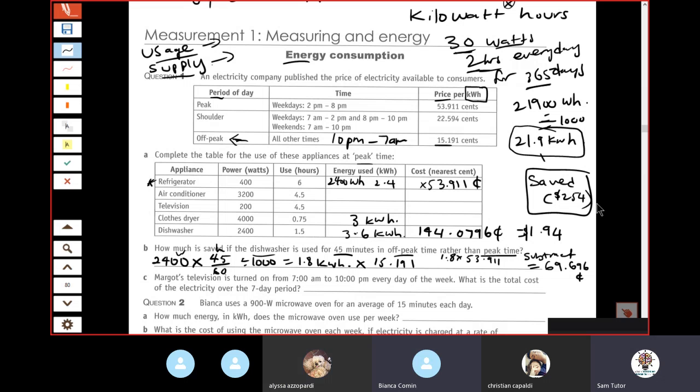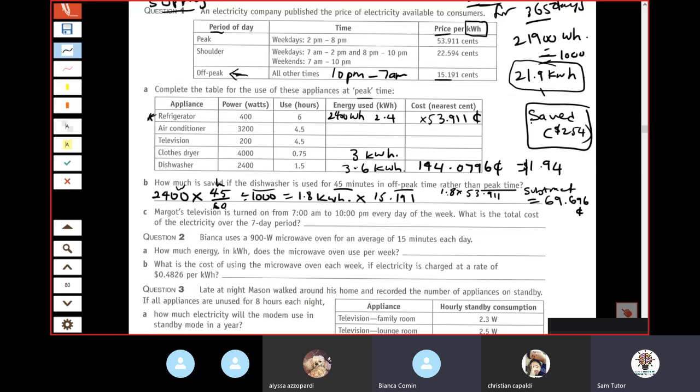Now that sounds like a lot, doesn't it? Because only from a dishwasher. If you did that with your dishwasher, your dryer, and your washing machine, you could have saved about $700-800 a year, which becomes your car registration, which is for free. Okay? That's where math is used in the real world.